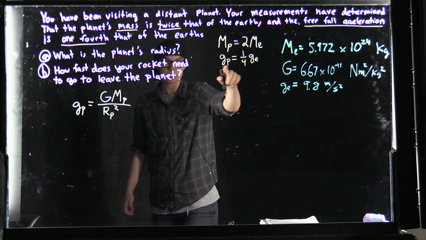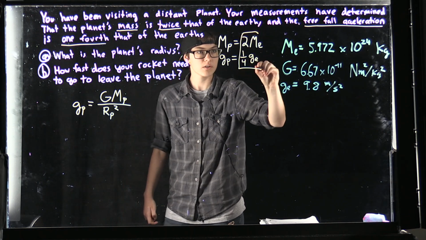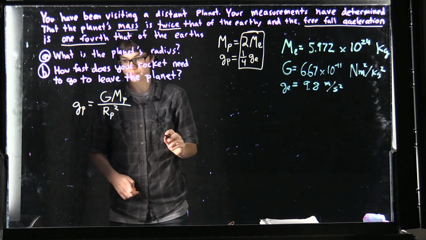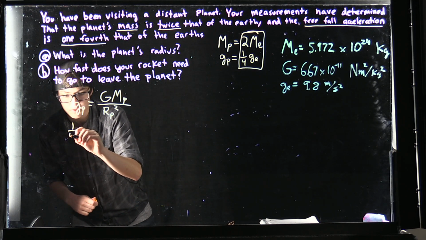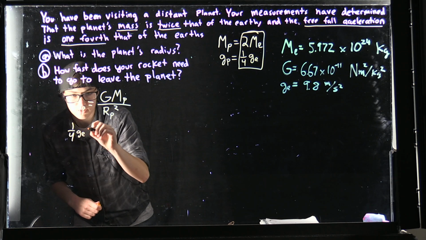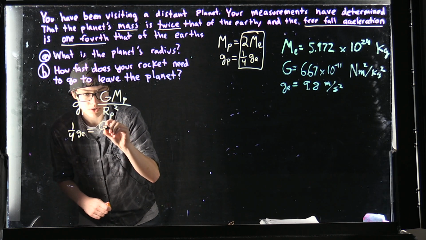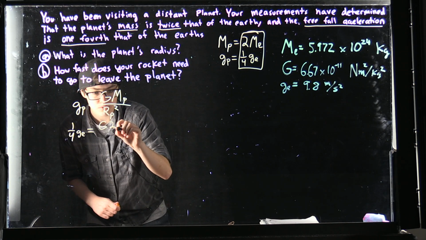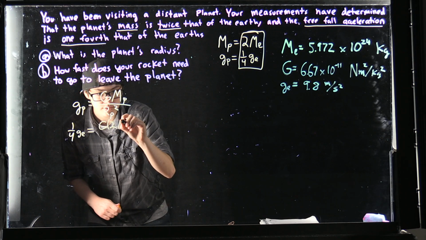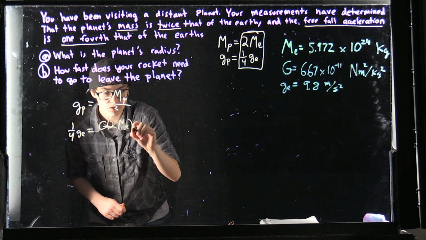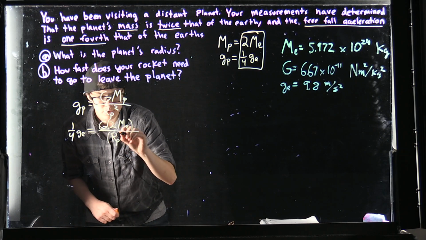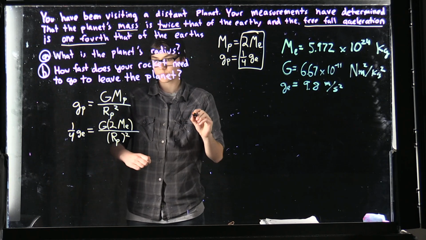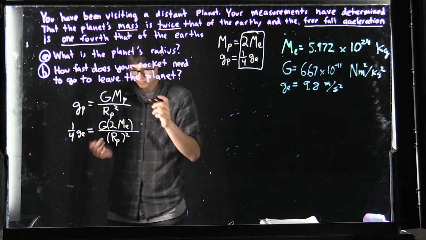And we can plug these numbers into this equation. We have 1/4 g_E is equal to the gravitational constant times 2 mass of the Earth divided by the radius of the planet squared.